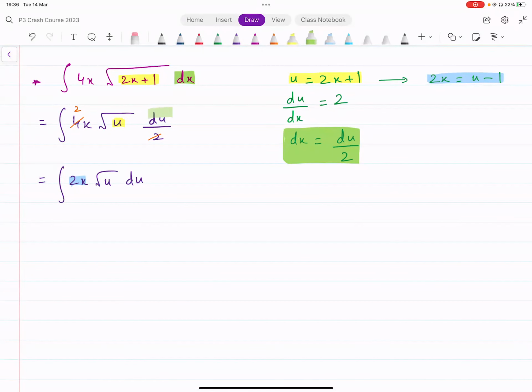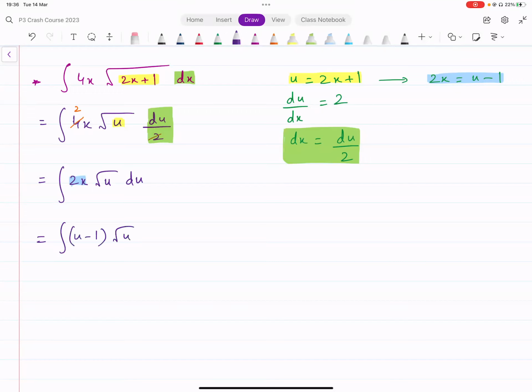Let's do that. And that leaves us with u minus 1 into square root of u into du. This is what we have to integrate now. Now we have converted everything to something in terms of u, and now we could integrate this expression.